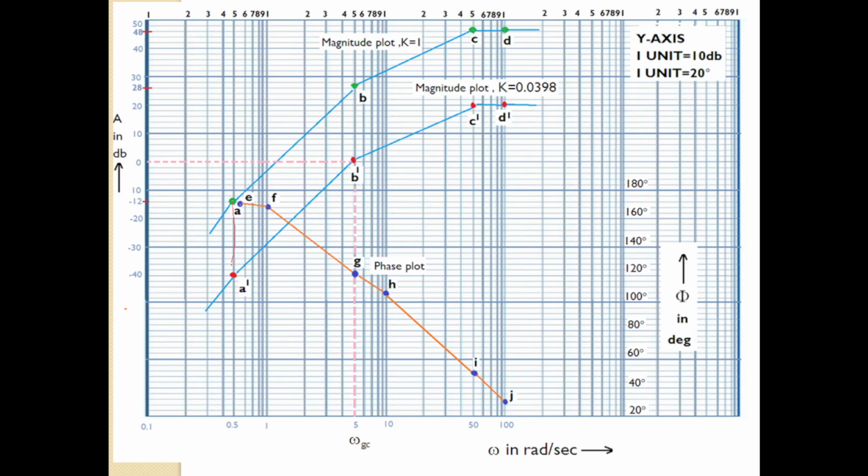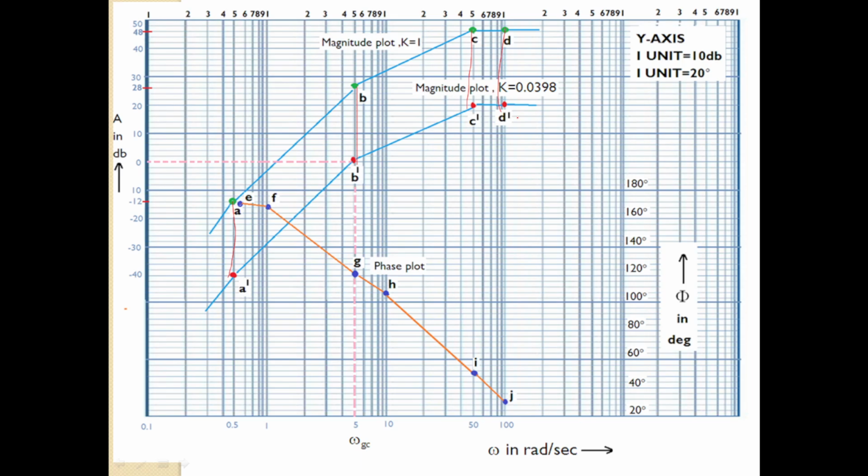A has shifted down by 28 and now this point is A dash. B has shifted down to B dash. The length between this point and this point is minus 28. C has shifted to C dash, D has shifted to D dash. Now join A dash, B dash, C dash and D dash. You will get a new plot.